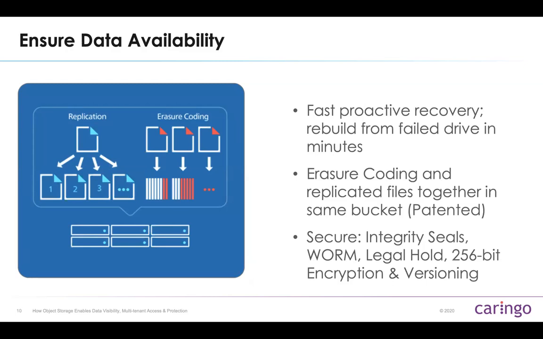Again, we focus on protection. Object storage is all about providing scalable storage that heals itself. It's really all about ensuring data availability, making sure that your data is protected at all times. That protection is customizable. We have some great resources that walk you through replication and erasure coding on our website.